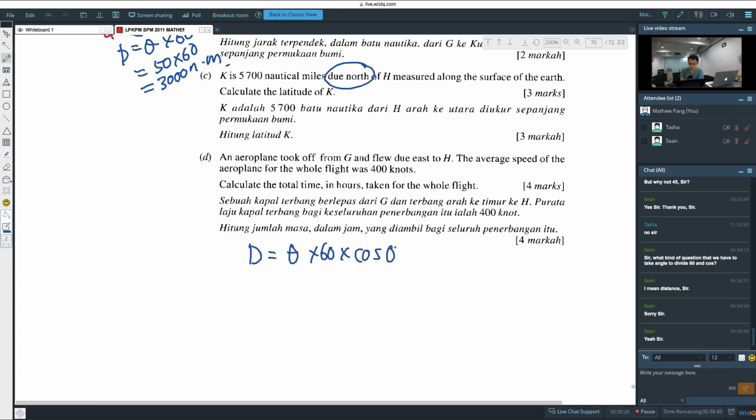Then you have to move the 60 and cos alpha to the other side, so you divide the distance by 60 and divide by cos alpha. When you want to find the angle between two locations at the same latitude, you divide by 60 and divide by cos alpha. If they are in the same longitude and you want to find the angle between them, you just divide by 60.